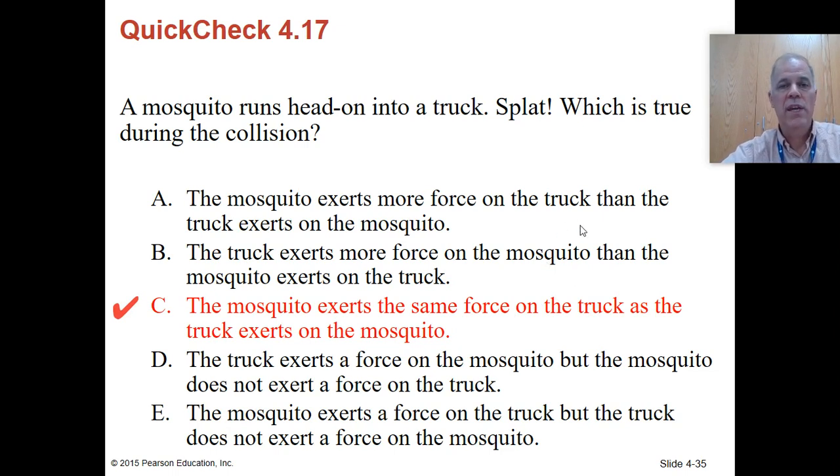The reason the mosquito breaks and the windshield doesn't is that the windshield is stronger than the mosquito, but they do experience the same force. Think of this as if you had one of those 1-pound Hercules beetles, the largest flying insect in the world. If that hit your windshield and you're driving fast, it might break the windshield. It would break the beetle too, but the force is the same on both. It's just a question of strength. Okay, that's it for that one.